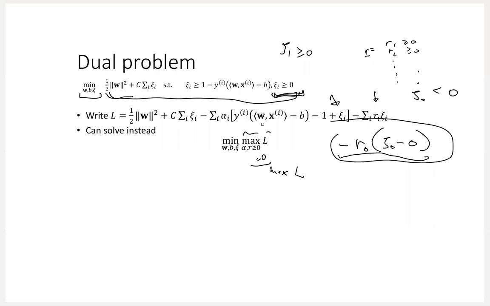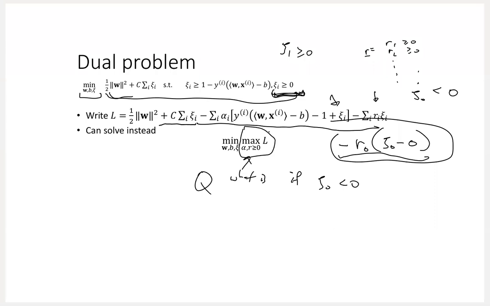Just a question here: what will this be if C0 is less than 0? So one of these constraints is violated. What will that be? You can just look at this equation here. One of these terms is basically minus R0 C0, right?